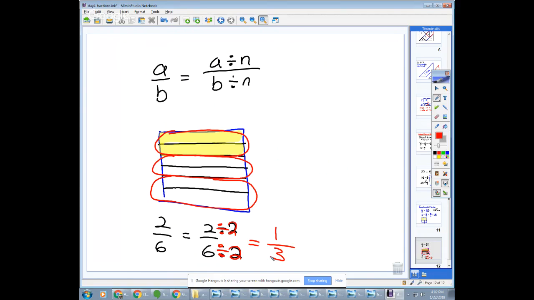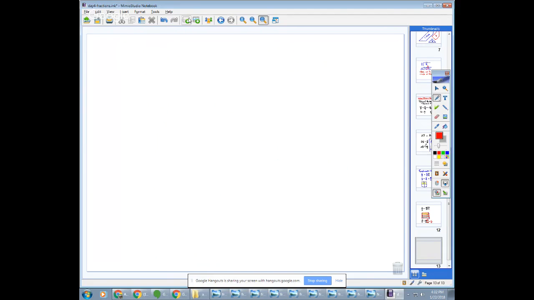So we can take fractions and we can grow them in either direction, but still have what we call equivalent fractions. So that's another term you'll see a lot, equivalent fractions.